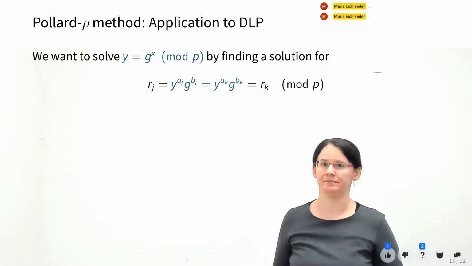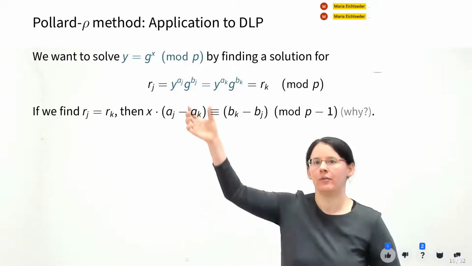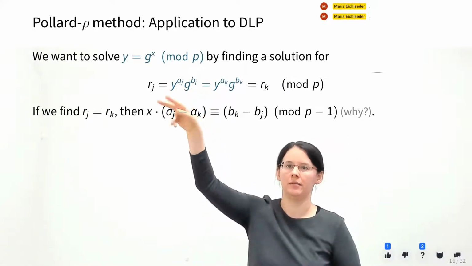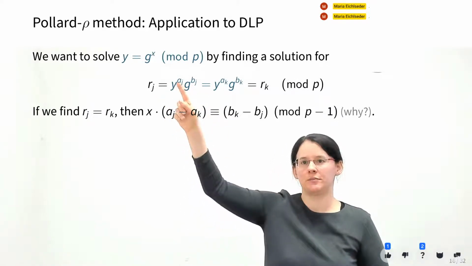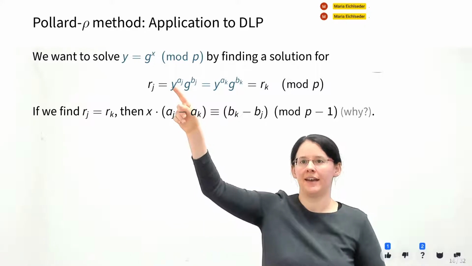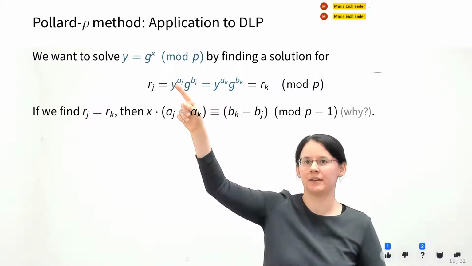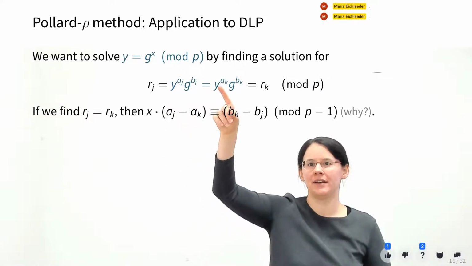What do we get? We're going to do the trick that we saw before. We're going to look just at the exponents and not at the group elements. So what are the exponents here? The exponent here is x times a, because y is g to the power of x. So x times a. And we also have x times a here.